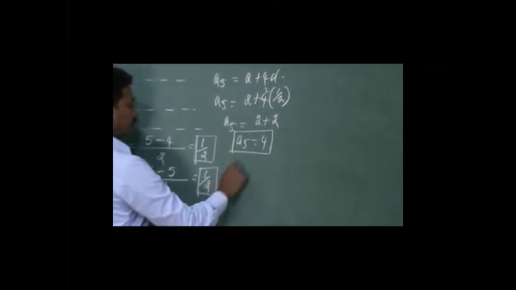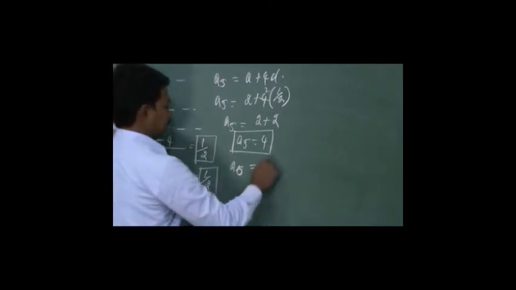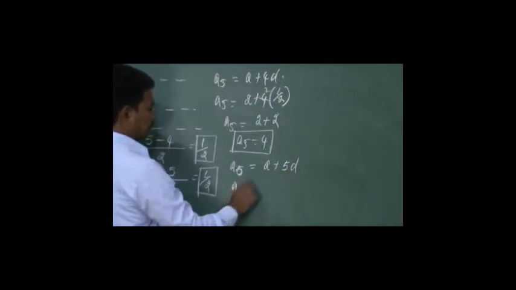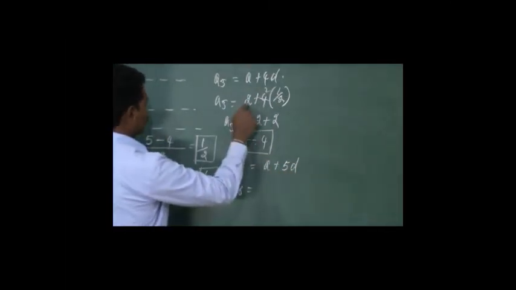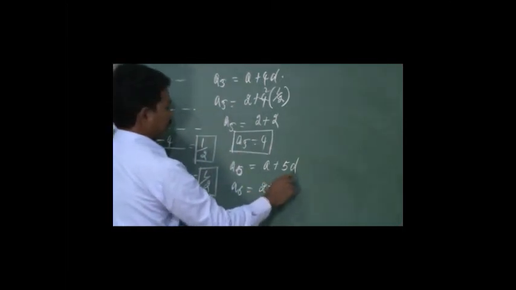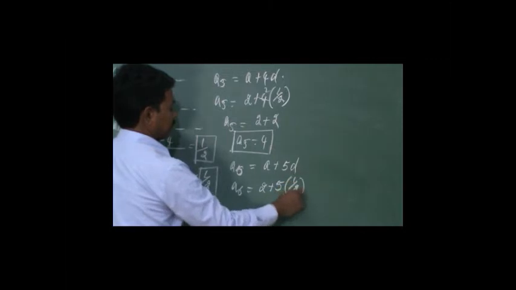The next term is the 6th term. So how to define the 6th term? A plus 5D. A plus 5D is A6. So A6 is equal to A is 2, that is according to the data, 2 plus 5 into D is 1 by 2.